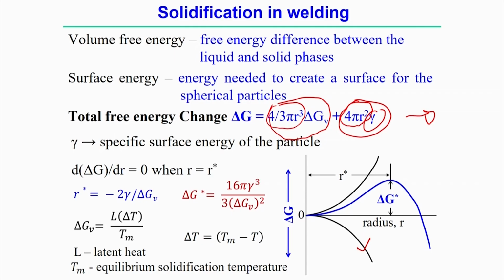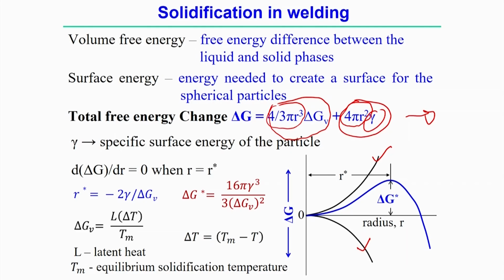It is negative because it represents the difference between the liquid and solid phases. The other is the second component, the surface energy to create the surface of a spherical particle, and this grows positively.